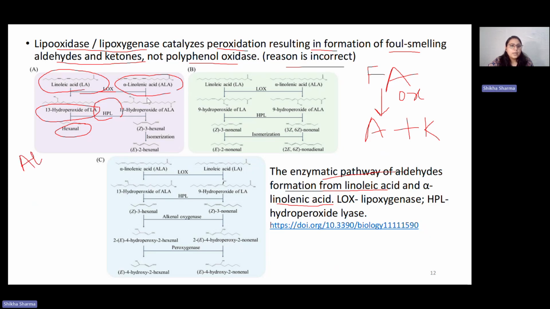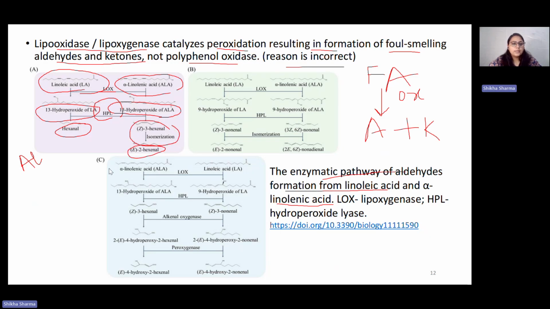Also, when alpha linolenic acid is acted on by the lipoxygenase enzyme, it is converted into 13-hydroperoxides of alpha linolenic acid, and then the hydroperoxide lyase enzyme acts and it is converted into its hexanal form.